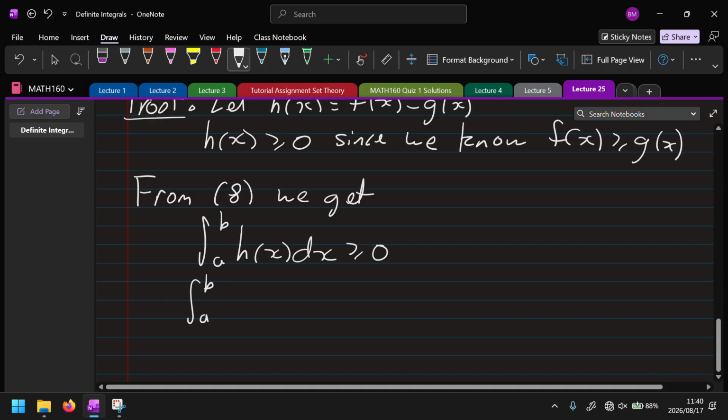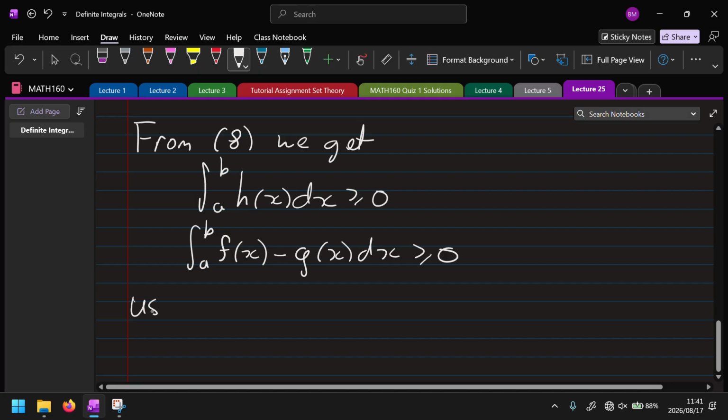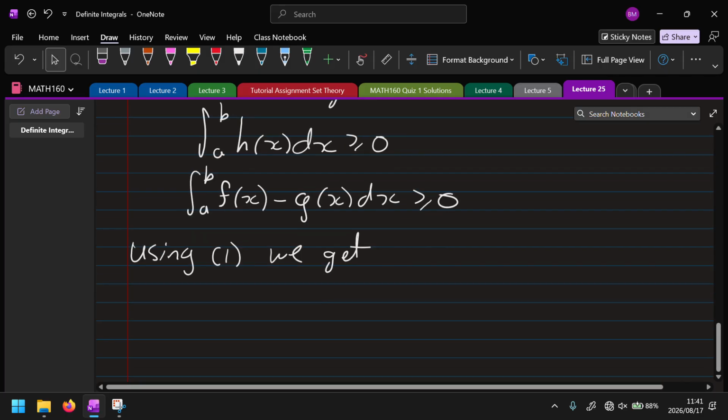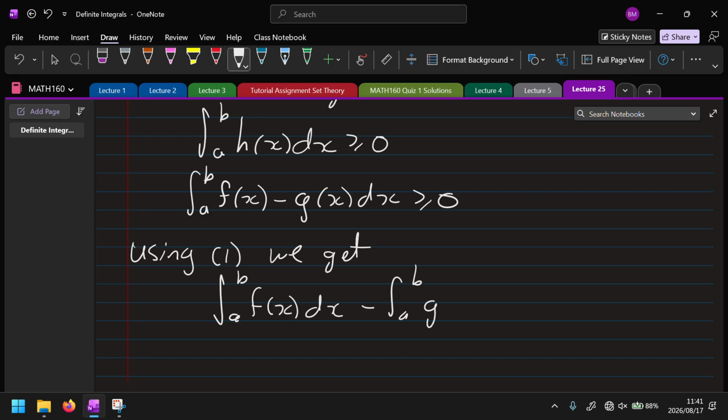And we're just working backwards from what we had earlier when we were thinking. Okay. Now we can use property 1 to split up that integral. And finally, we can take that negative term over to the other side, and we're done.